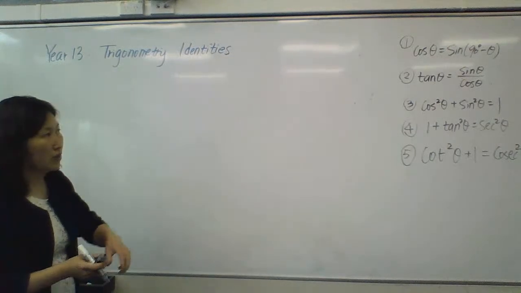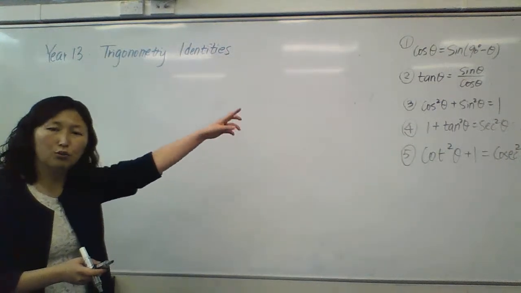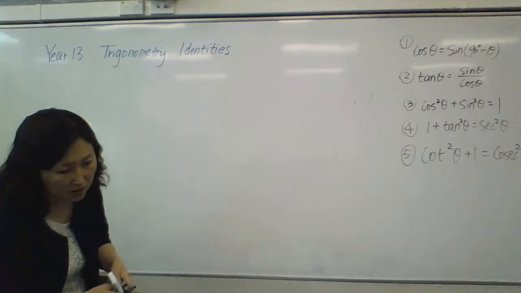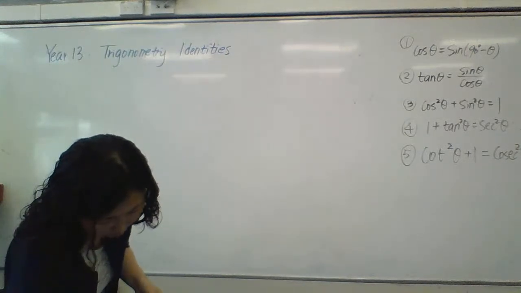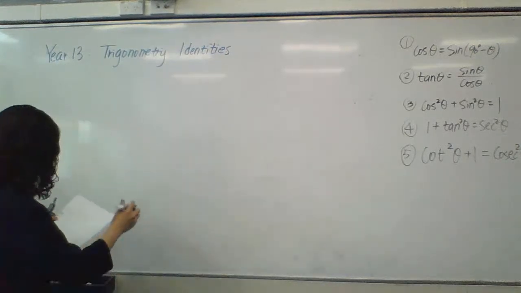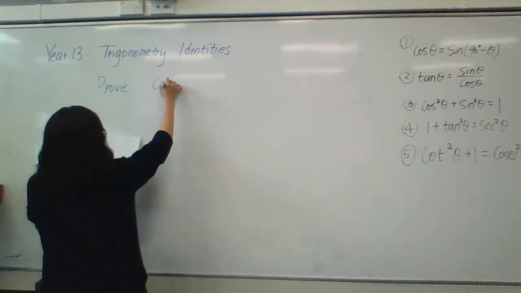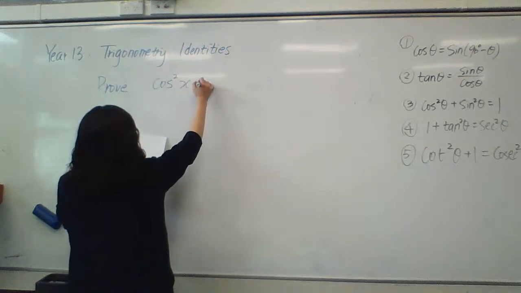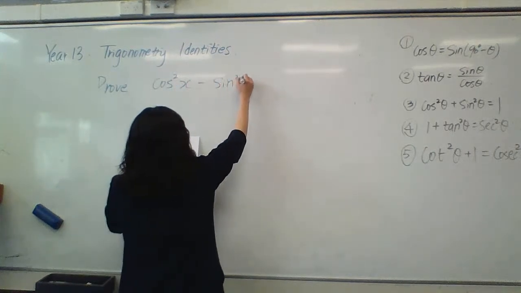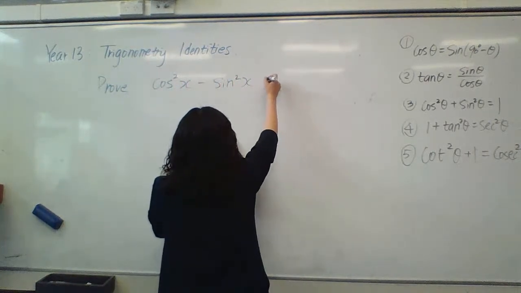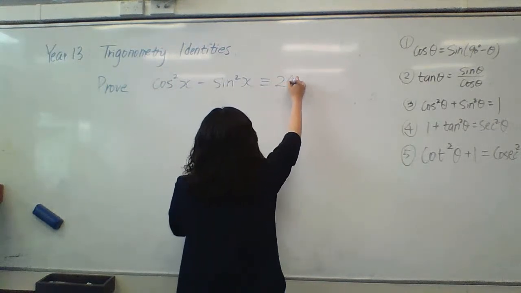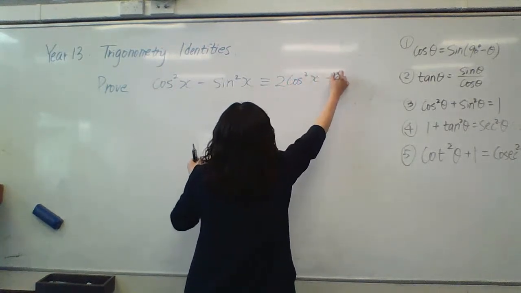And now we're going to use any one of them to actually prove identities. They'll be written on the board soon. So the question is, you're going to prove cosine x squared, take away sine x squared, is equivalent to 2 cosine x squared, take away 1.